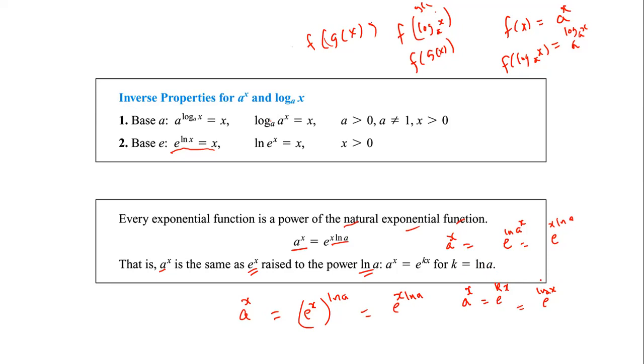Shabab, is this clear? The only difference between this one and a to the x is that a to the x is the same as e to the x raised to the power ln a, which is e to the x ln a. So ln a is going to be a to the x.